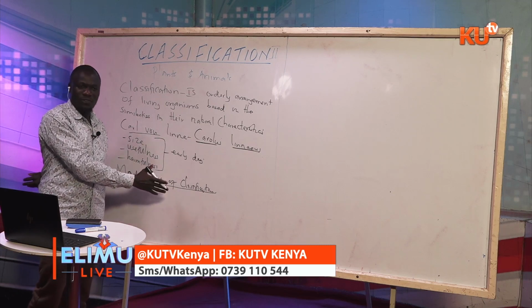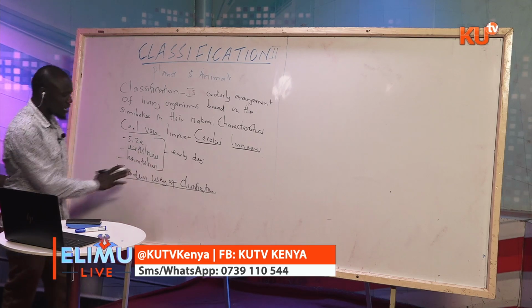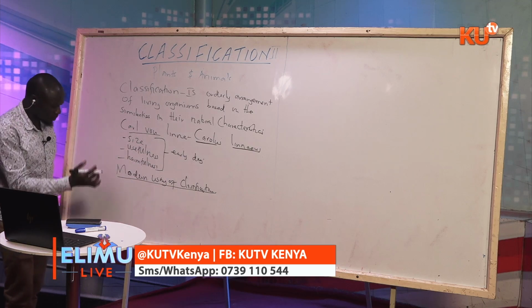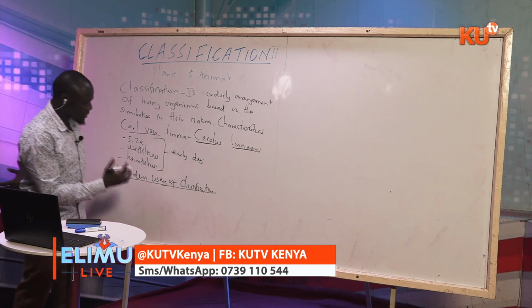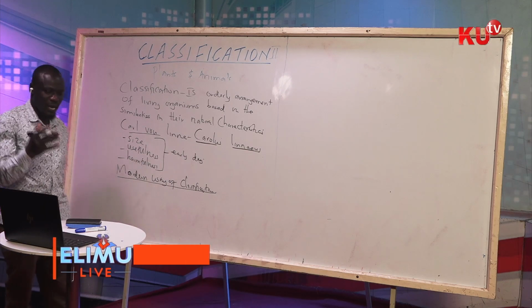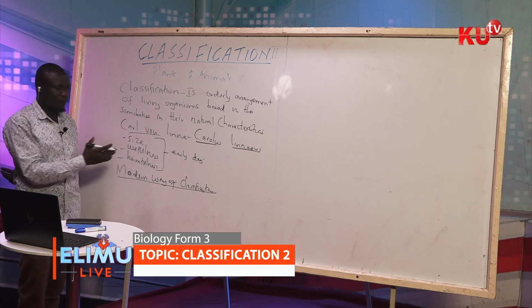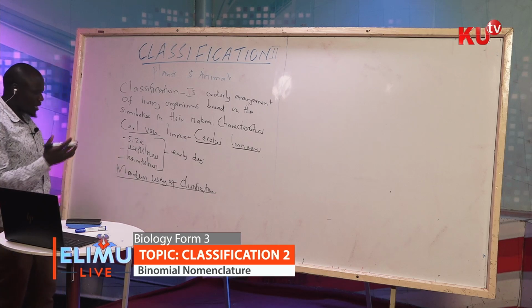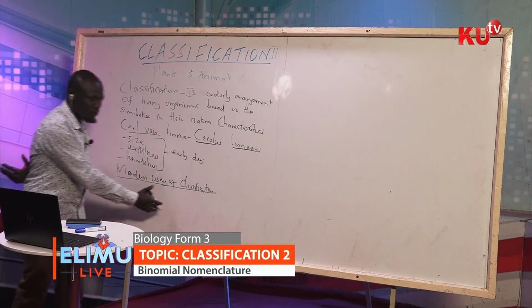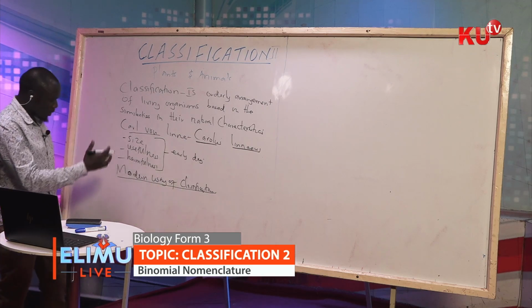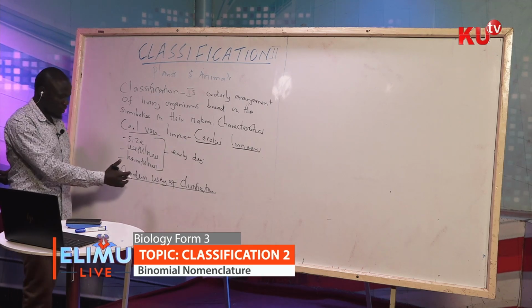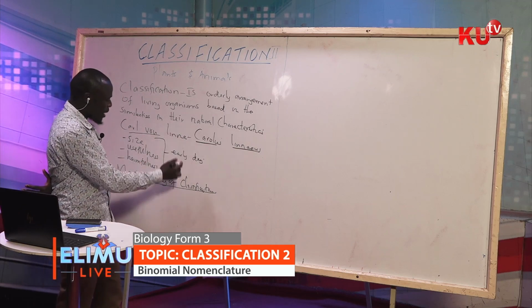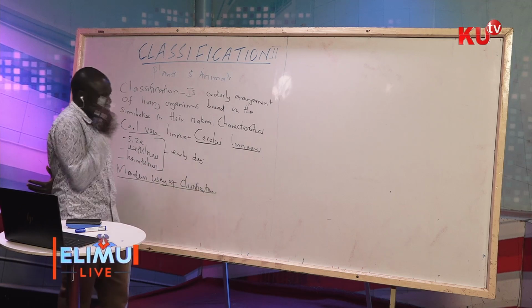Some of the features he was looking at were biological processes, biochemical processes in living organisms, the anatomical structure of living organisms, and the embryological features of these organisms.